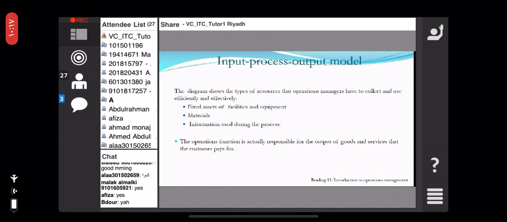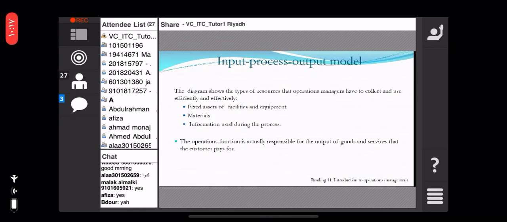Why should I help you? Because you are my customer. You are the one who pays for it. Simply, for example, you visit a supermarket. The salesman helps. Why?